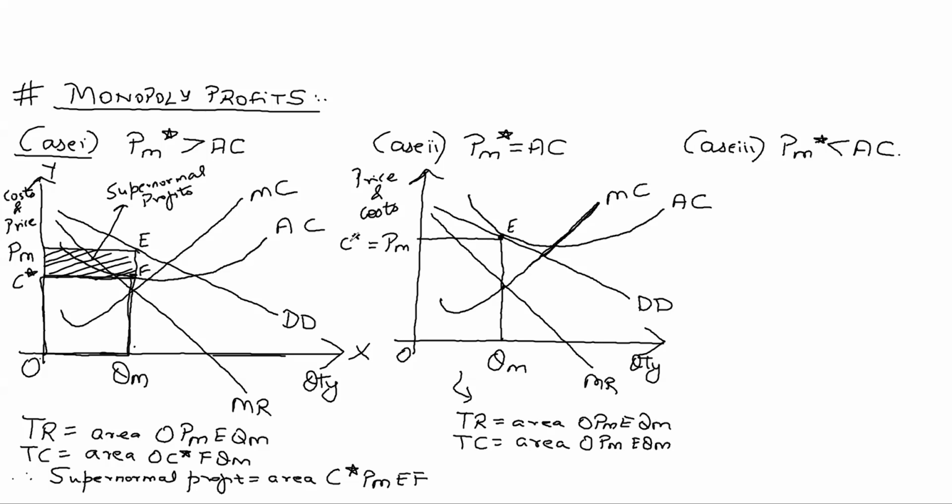In the second diagram, my PM star is exactly equal to the average cost. So my total revenue and total cost have the same area. Therefore, profit of the monopolist in this case is 0. Or I can say the monopolist breaks even.